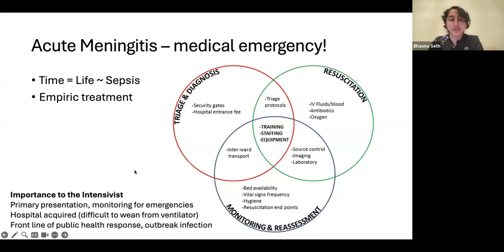So definitely intervene as soon as possible. And like a lot of things in critical care, it's also challenging. There's a lot of uncertainty, so you have to triage, resuscitate, monitor, and do all of this simultaneously. So you're empirically treating, but waiting on diagnostic information, but also monitoring for patients' clinical evolution.